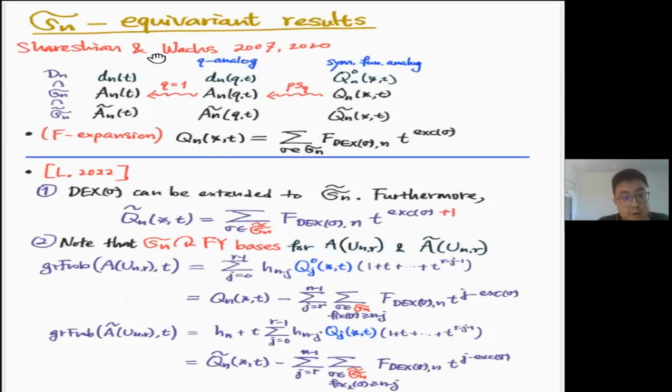So now, so far we look at these q-analogs related to derangements, permutations, and decorated permutations. So Hsin-Chieh and Wachs, in their work, they also consider a symmetric function analog of these q-analogs. I didn't define them, but these Q_n0, Q_n tilde, these are symmetric function polynomials. And when you replace variables x1, x2, x3, and so on by 1, q, q squared, and multiply by something, you will get back to these q-analog polynomials.